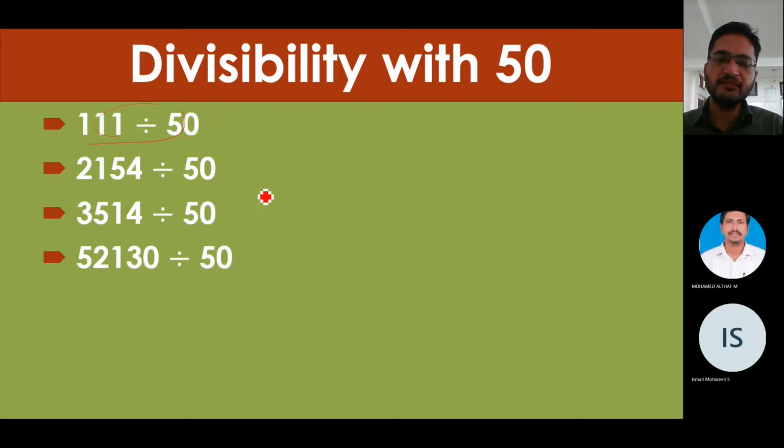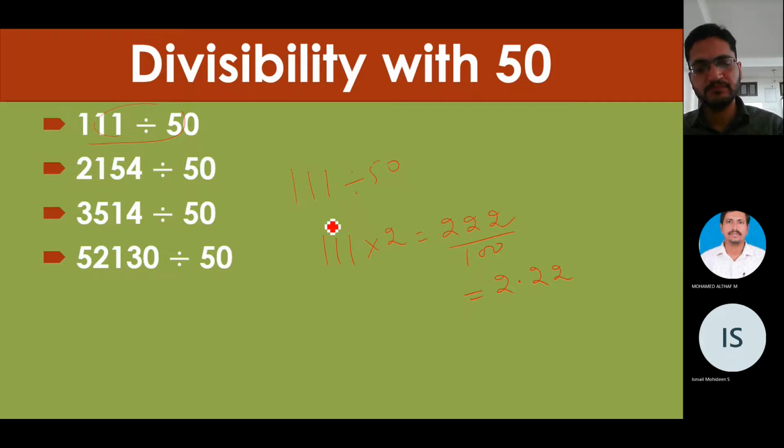Now here we have some questions. 111, and we want to divide this number with 50. Now I will multiply this number with 2. It is 222. So now I will divide this number with 100. It is 2.22. Now one more question. 2154.